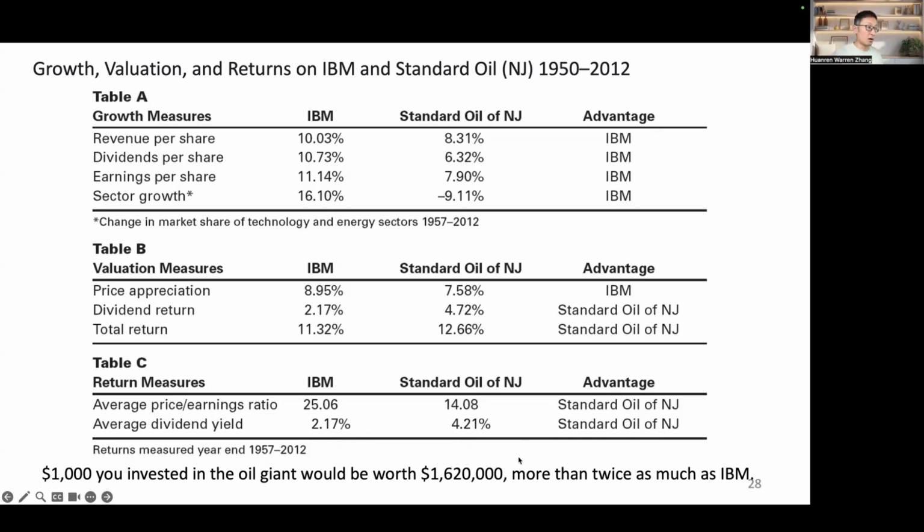So all in all, if you look at whether the investment in either stock is better than the other, Standard Oil of New Jersey is definitely the winner. If you invested $1,000 in the oil giant, Standard Oil of New Jersey, it would be worth $1.62 million.